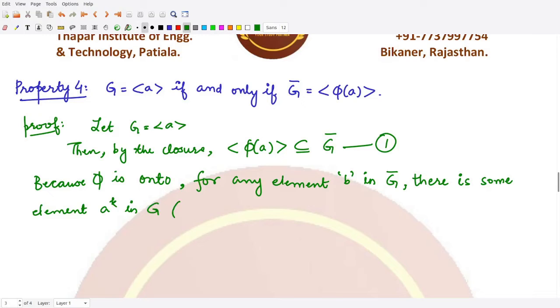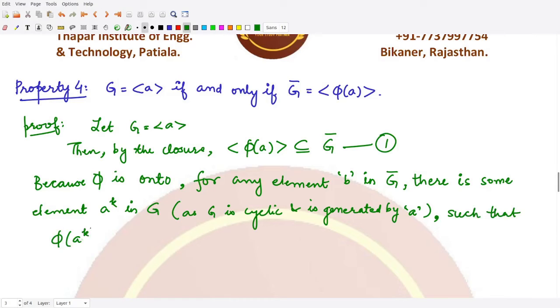Because G is cyclic and is generated by A. So because phi is onto, for any element B in G bar, there is some element A to the power k in G such that when we apply phi onto this A to the power k, it gives us B.